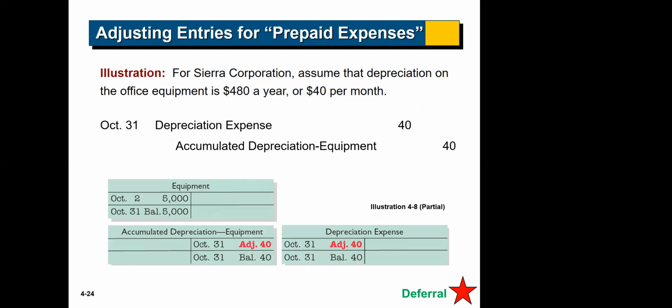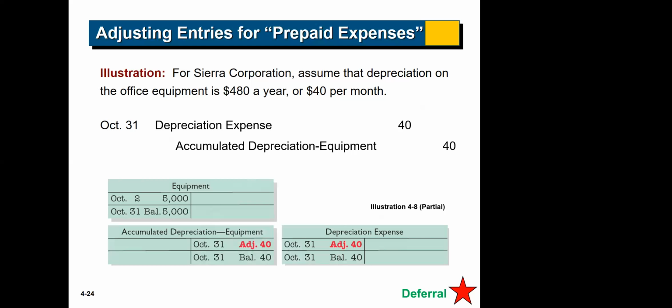So whenever you're doing your adjusting entries for depreciation, you're always going to debit the depreciation expense and you're always going to credit the accumulated depreciation. The key you have to make sure you get is the hyphen whatever it is. So if you're doing building, you're going to debit depreciation expense, you're going to credit accumulated depreciation hyphen building. If it's equipment, it's going to be hyphen equipment. I think these are the only two you're going to see, equipment and building.